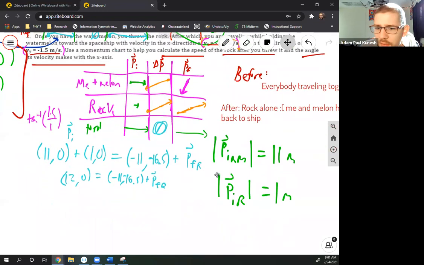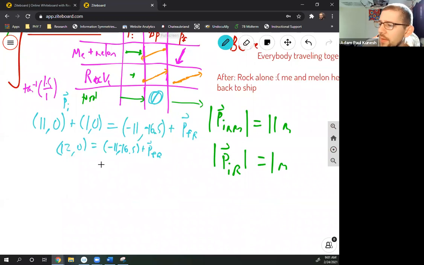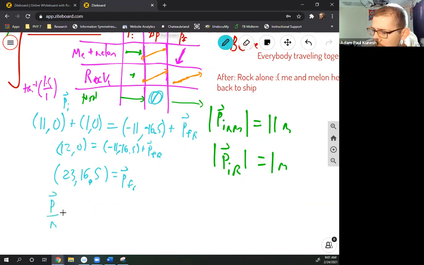If I do that vector subtraction, I get 23, comma 16.5, which is the final momentum of the rock. Dividing by the mass of the rock gives me velocity. Since P divided by mass is velocity, or in other words, P equals mv, I can divide by the mass of the rock, which is 1, to find that the velocity of the rock is 23, comma 16.5.